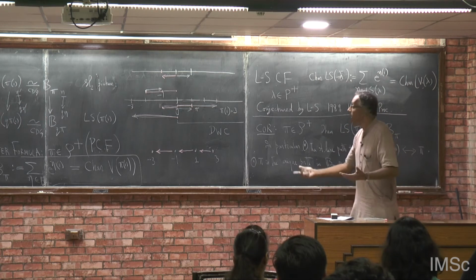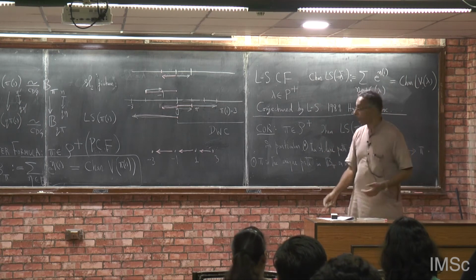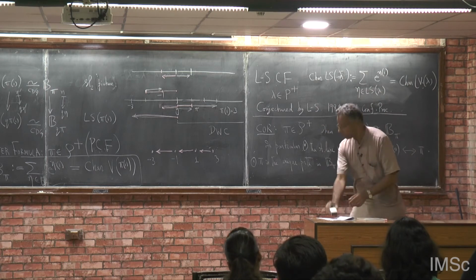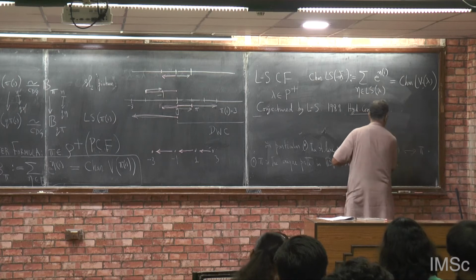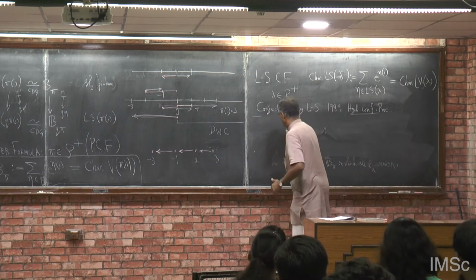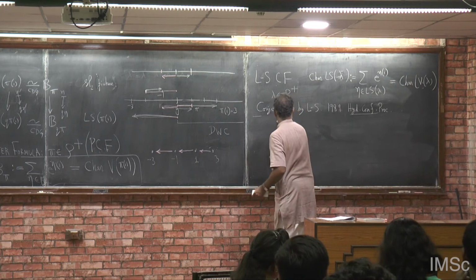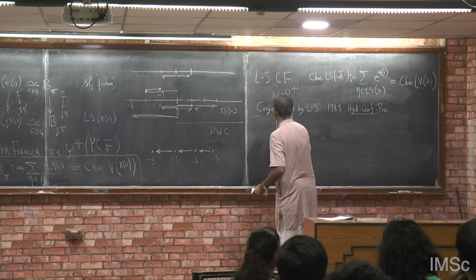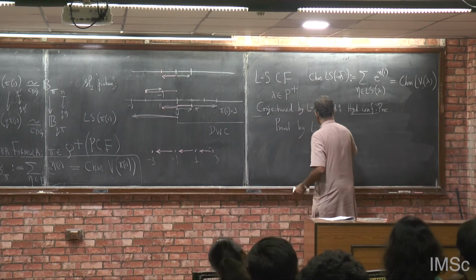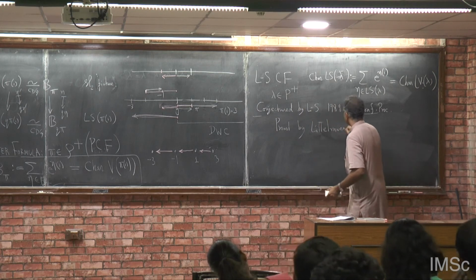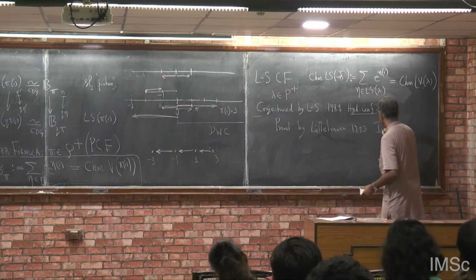Later, in the Annals paper, he also proved the isomorphism theorem. This conjecture was proved slightly earlier, in Littelmann's 1993 Inventiones paper.